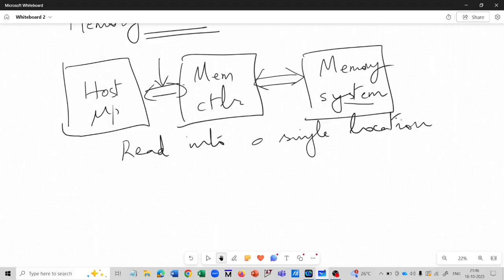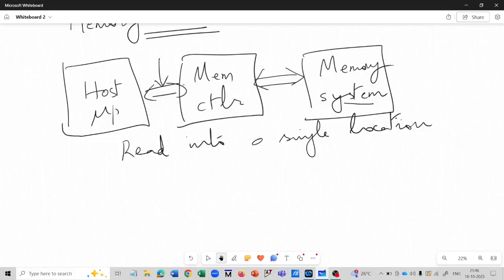So in simple language, the memory controller facilitates the read into a single memory location which is initiated by the host microprocessor. And you might be wondering why we can't directly interface the memory system into the host microprocessor. If it were a simple memory, yes, it can be done. But here it's a memory system with a latency which is unpredictable.